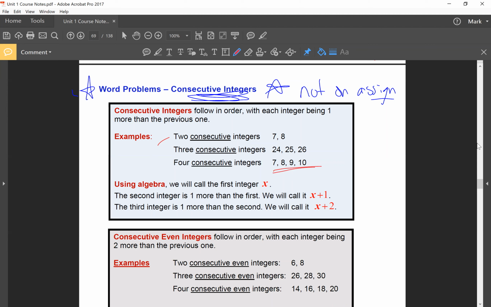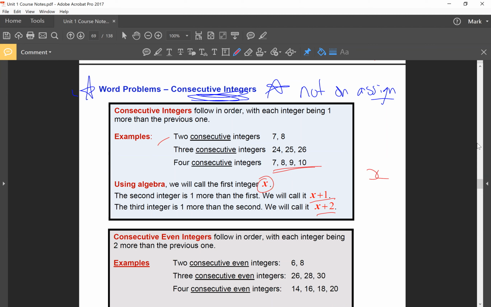So mathematically, we can represent consecutive integers using x plus 1 or x plus 2. You guys are going to see me practice this, don't worry. It's going to look a little confusing, but we will practice. So using algebra, any unknown number is of course x.